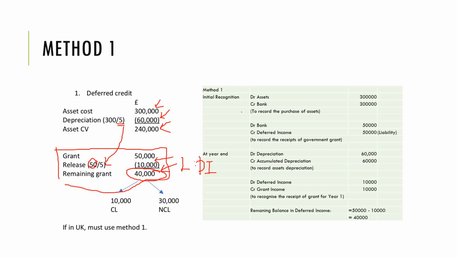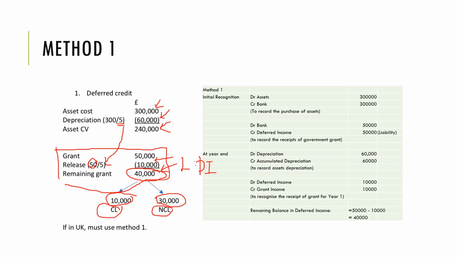Just that for deferred income for grant purposes, there are two types: current liability and non-current liability. Out of this 40,000, 10,000 will be recognized in the next 12 months, meaning that in the second year you will release another 10,000 of government grant. So the difference of 30,000 will be recorded as part of your non-current liability.